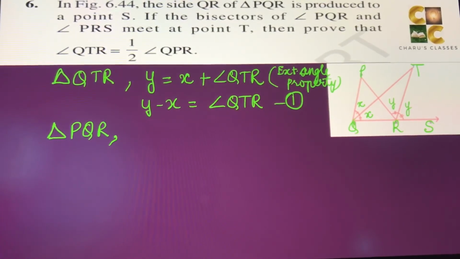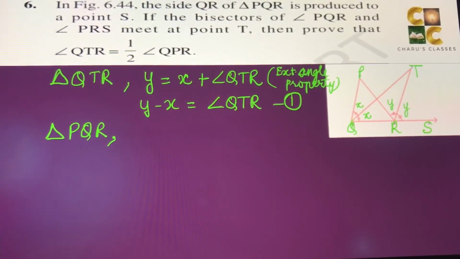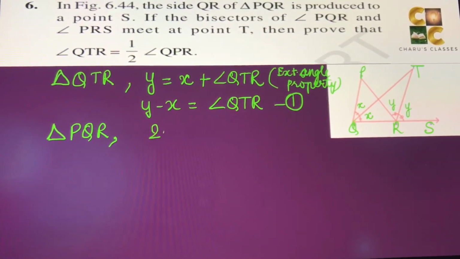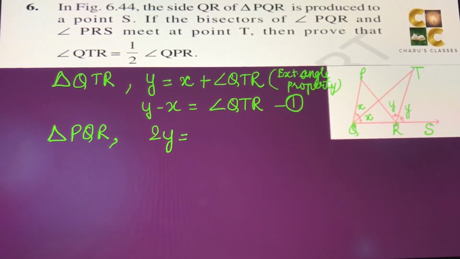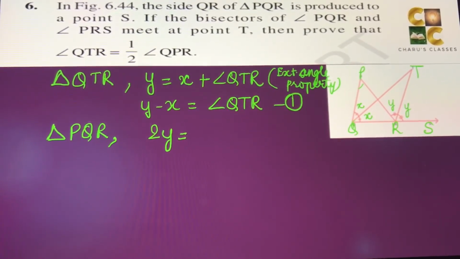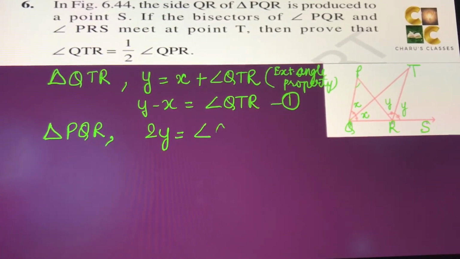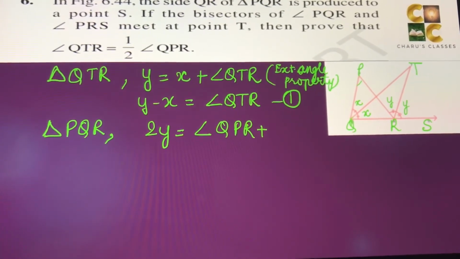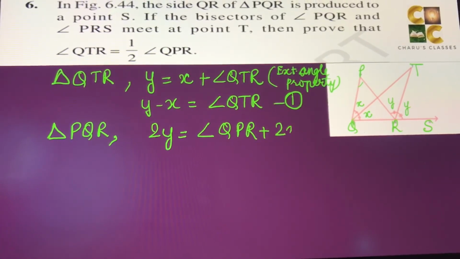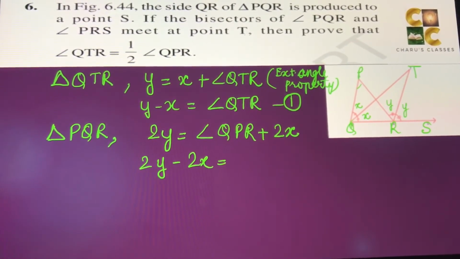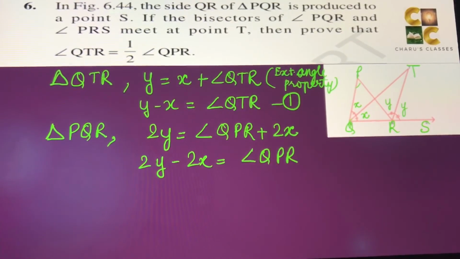Now in triangle PQR, if we take the exterior angle, that is angle PRS, which is equal to Y plus Y, so I can write 2Y is equal to the sum of the two opposite interior angles, which is angle QPR plus angle PQR, which is equal to 2X. So I can write 2Y minus 2X is equal to angle QPR.